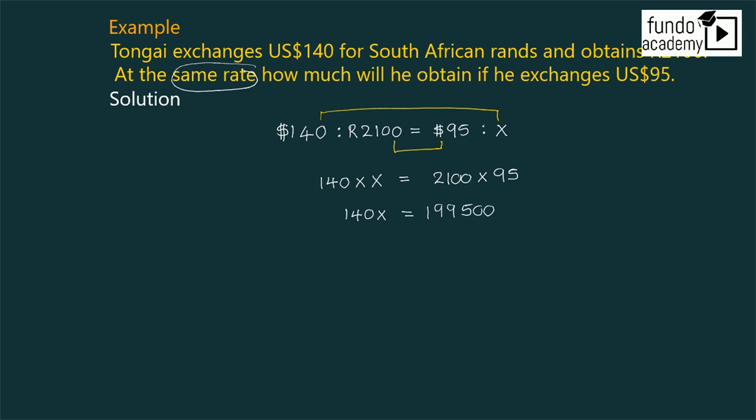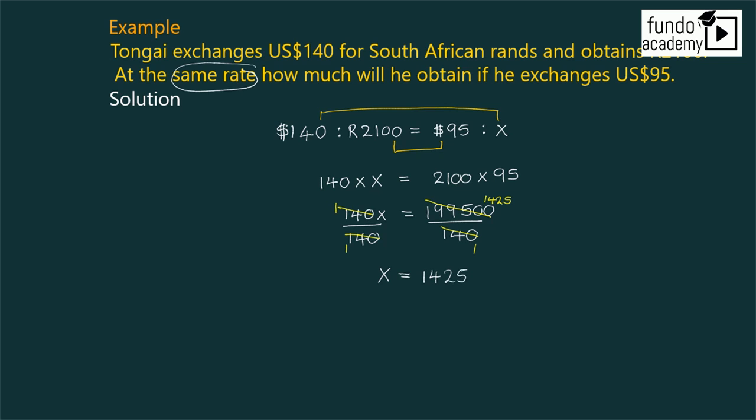Just quick working right there, and divide both sides by 140. You can use your calculator for quick working or do a manual working. We get 1,425.